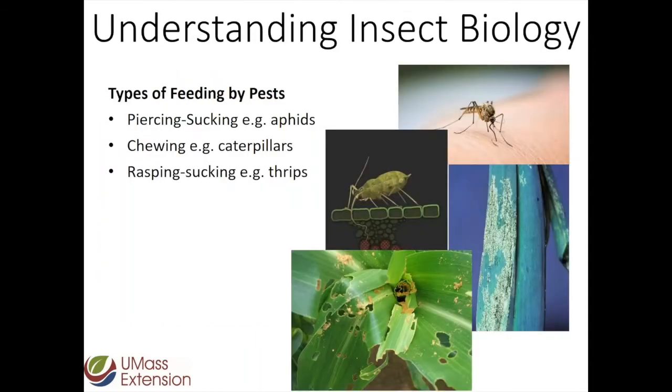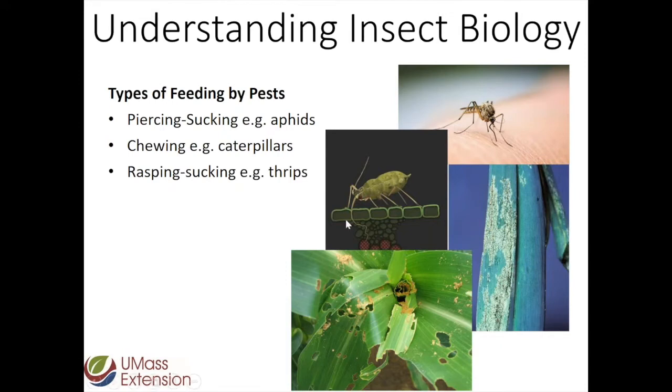First, I want to say that it's really important to think about the type of insect that you're trying to control when choosing the pesticide. How is the insect going to interact with this material that you're spraying? There are different types of feeding behavior.